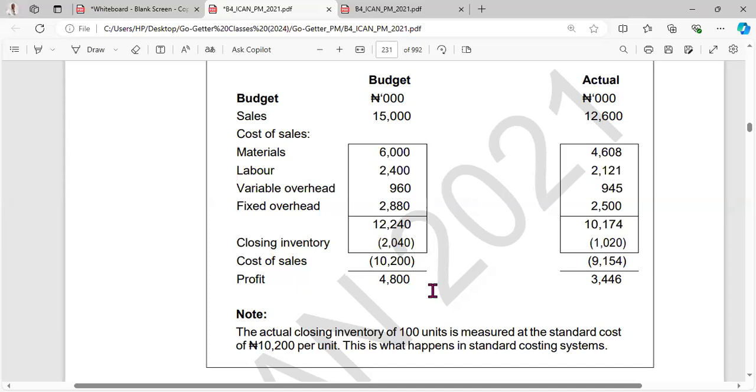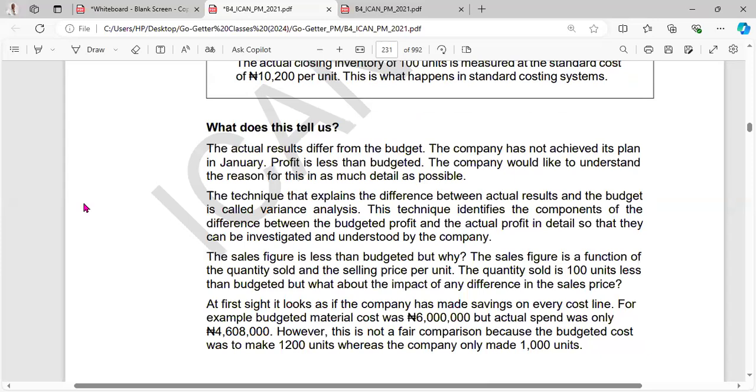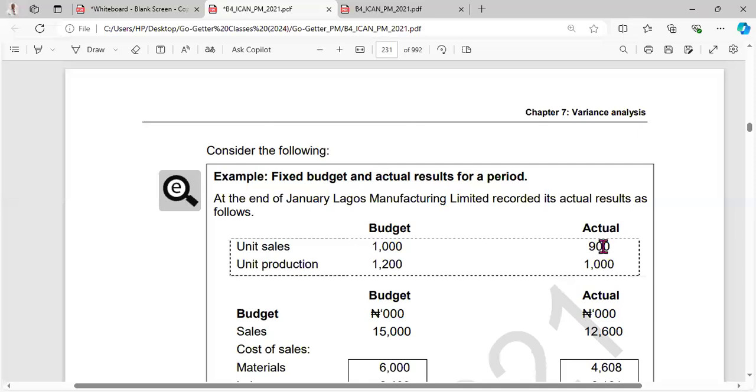All right, what does this tell us? Actual results differ from the budget. The company has not achieved its plan in January. The profit is less than the budget. Now, the company would like to understand the reason for this in detail. So you see here, from the time you made the budget, your sales units are not even aligning.